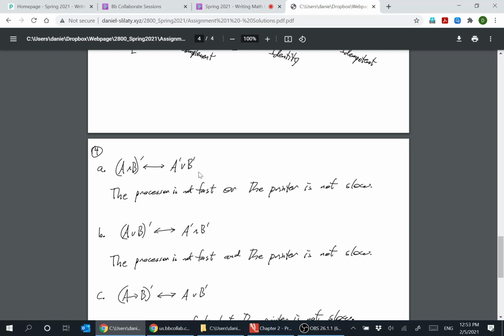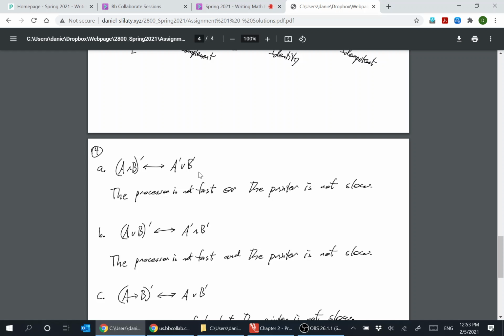So the statement was A and B, right? The processor is fast and the printer is slow. So we wrote it as A and B, and then not A or not B via De Morgan's law for propositional logic. And that is the processor is not fast or the printer is not slow. Right, so we went from English to symbolic logic, negation, and then back to English.